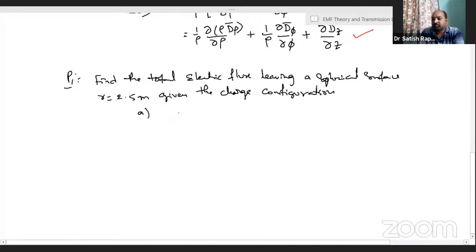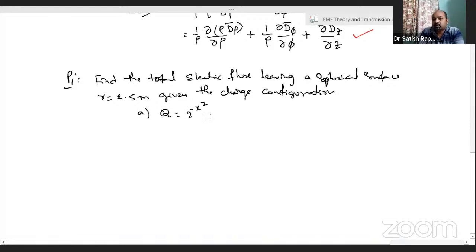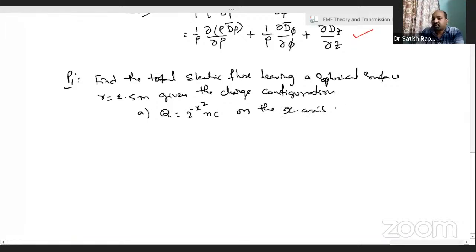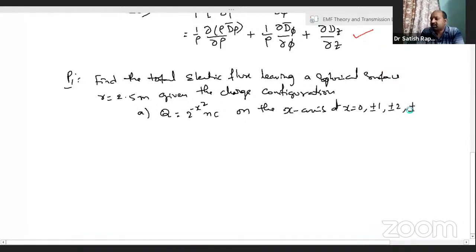Part A: Q is equal to 2 to the power of minus x square nanocoulomb on the x-axis at x equal to 0, plus or minus 1, plus or minus 2, plus or minus 3.